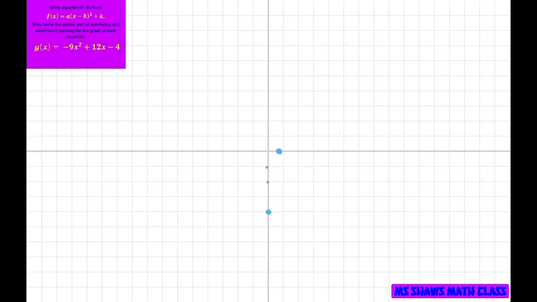Remember, your axis of symmetry is x equals 2/3, so right about there. Vertex is 2/3 comma 0, and your axis of symmetry is this line x equals 2/3.